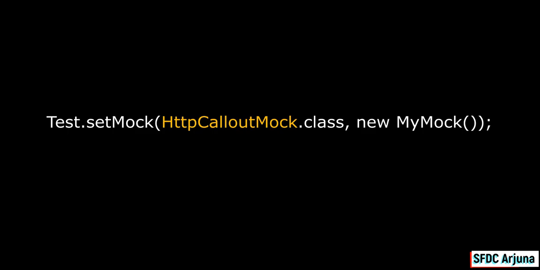You need to call it like this in Apex. This class you need to create yourself. If you have any difficulty in creating this class, please let me know and I will create a video on that also. This is how we can create this mock class, and this is the way to make a callout instead of making a real callout.